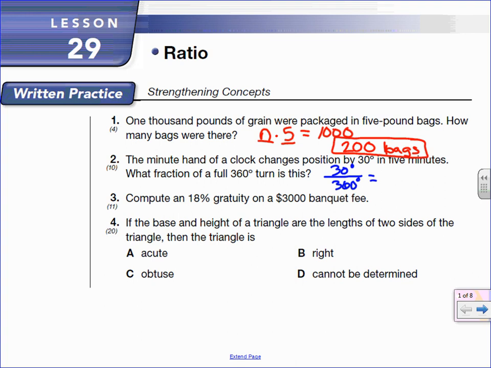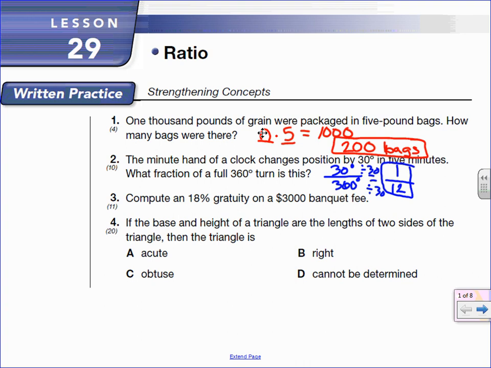And I can divide both of those by 30. 30 divided by 30 is 1. 360 divided by 30 is 12. So it's 1/12 of a full turn, which makes sense because there are 12 numbers on the clock, and each number stands for 5 minutes.